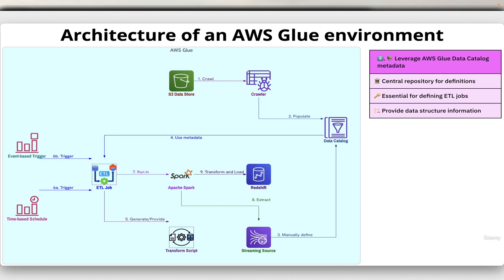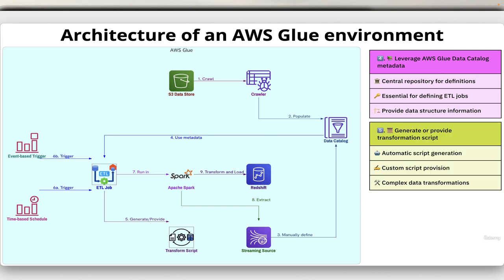This metadata is crucial when setting up jobs to transform your data, providing vital information about data structure, relationships, and properties. AWS Glue offers the flexibility to automatically generate a transformation script based on the source and target schemas. Alternatively, you can provide your own custom script through the AWS Glue console or API.